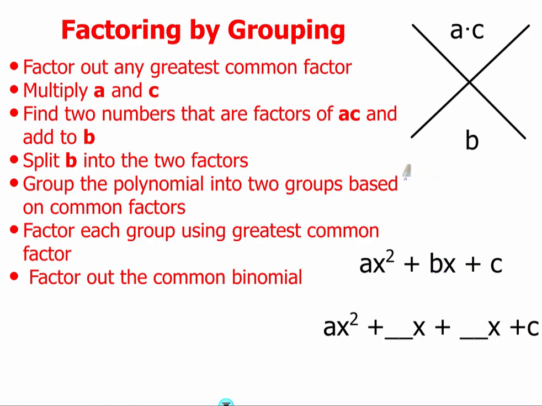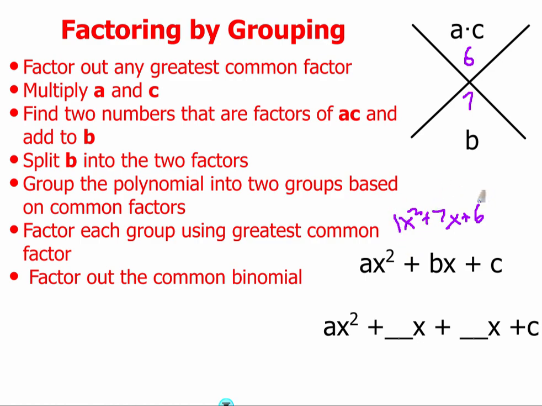So, for example, let's say that our ac was 6 and our b was 7. Let's say I gave you this trinomial, x squared plus 7x plus 6, and I said I wanted you to factor this. First off, there's a 1 here that we don't see.